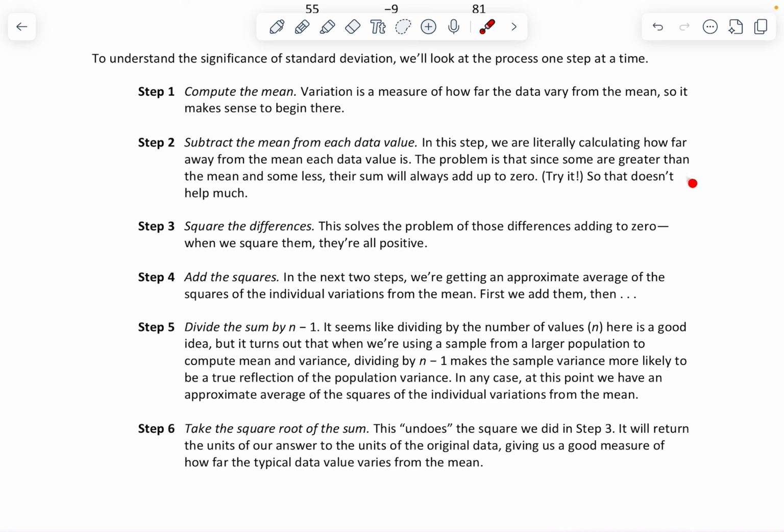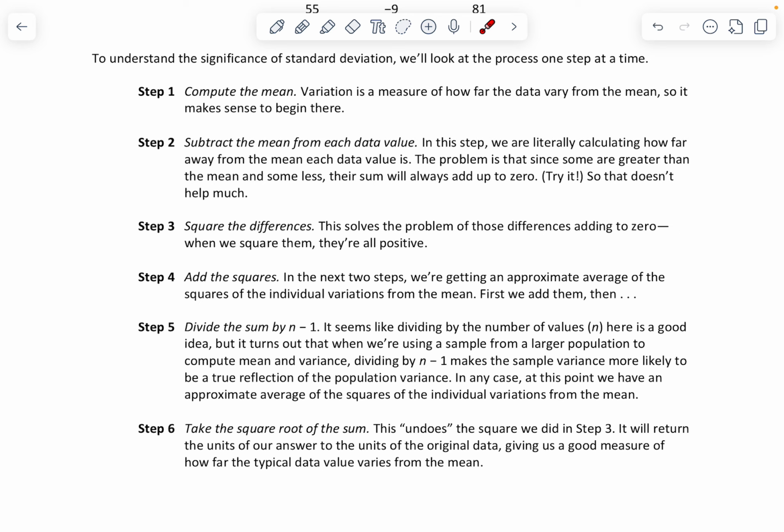But once I find these deviations, I can't just add them up and then divide by the number of numbers by calculating an average, because the deviations will add up to 0. Some are positive, some are negative. They will always exactly balance each other out. So it doesn't help much to just add them up, because the sum will always be 0.